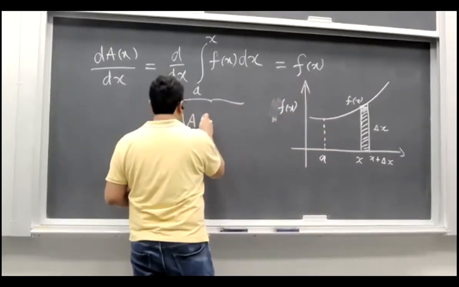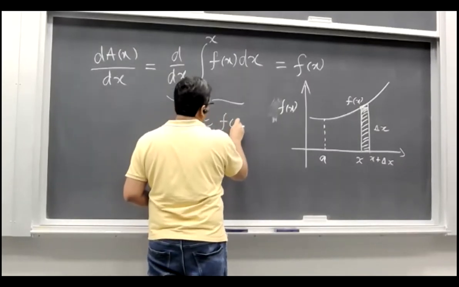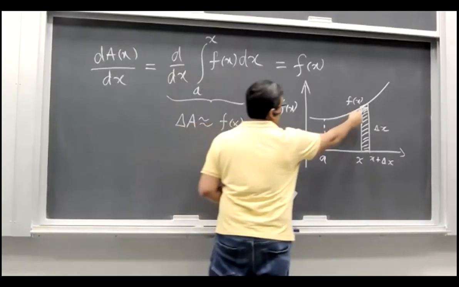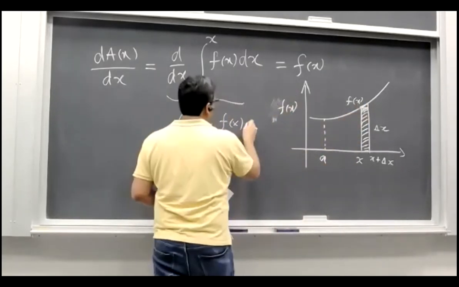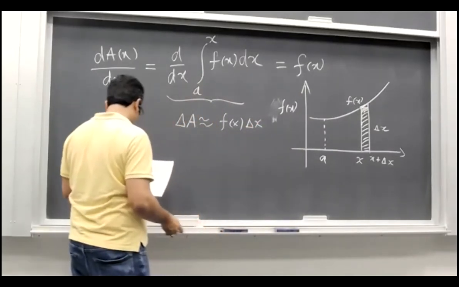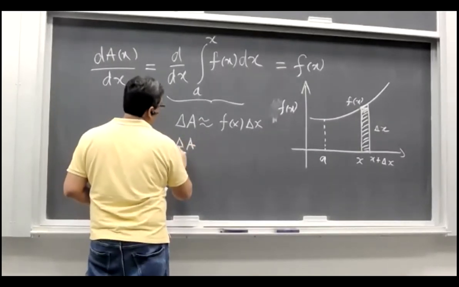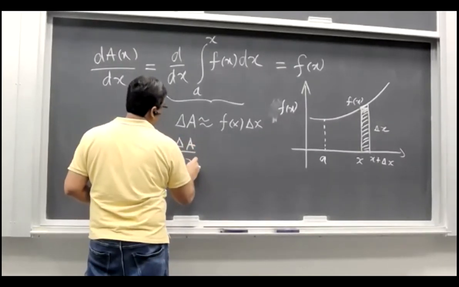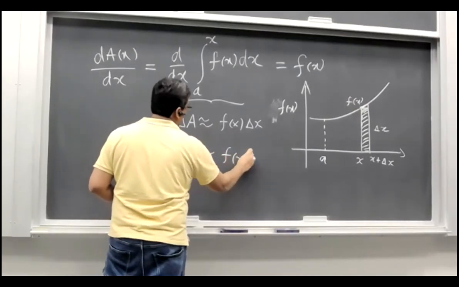So this area is approximately equal to f of x, the height at the beginning of the curve. Of course, we are losing this area, so times delta x. All right, and then you can rewrite it: delta A over delta x approximately equals f of x.